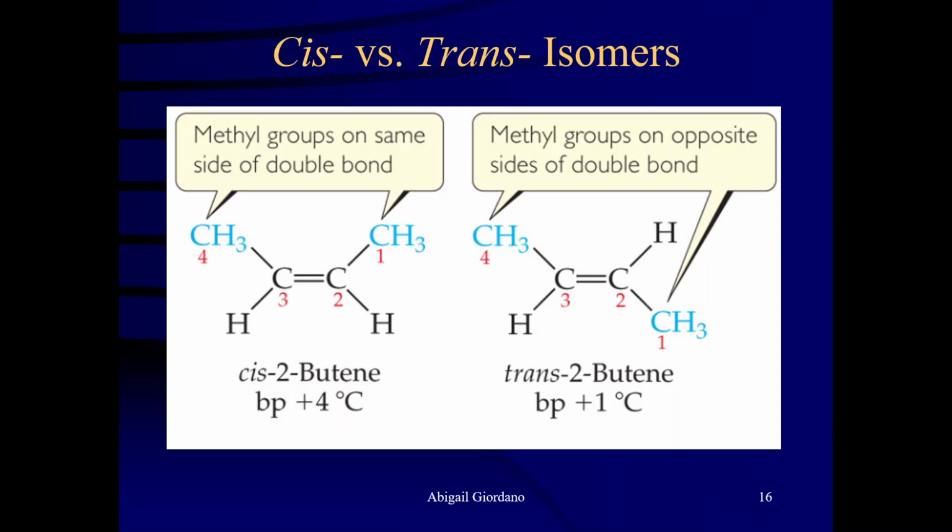And the next thing that I want to talk about, make a note, this concept of something called cis versus trans isomerism. This is a concept that applies to alkenes only. Okay, write that down. All right, alkenes only, meaning there's a double bond.